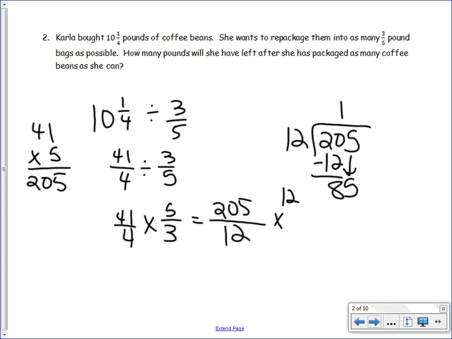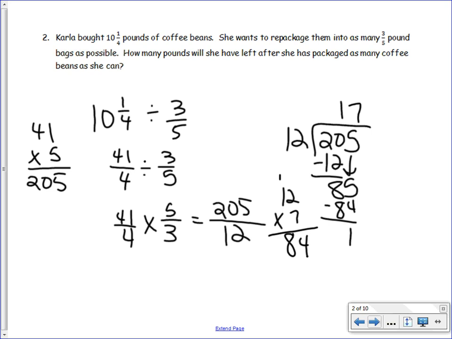I know 12 times 4 is 48, and 12 times 5 is 60. Let's try 12 times 7. 7 times 2 is 14, 7 times 1 is 7, plus 1 is 8. So that's 84. So it goes in 7 times with a remainder. So I know I can make 17 bags.